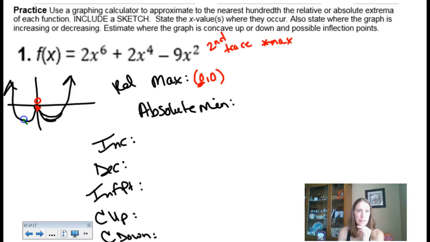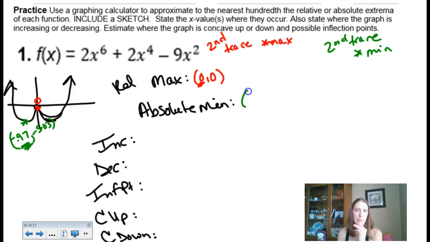So this minimum here, again, I'm going to go to second trace, and this time I'm going to choose minimum. This ordered pair comes out to (-0.97, -5.03). So all I'm really interested in, though, is that -0.97 part.